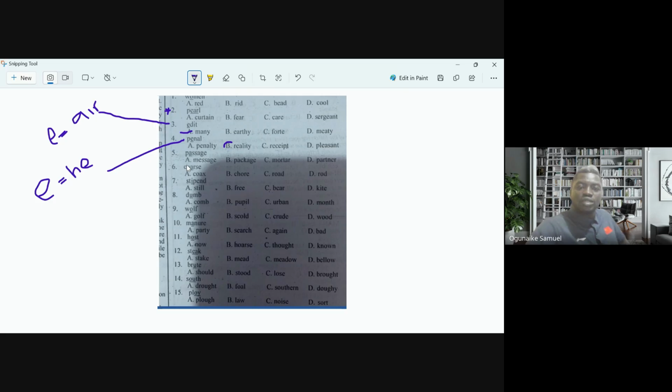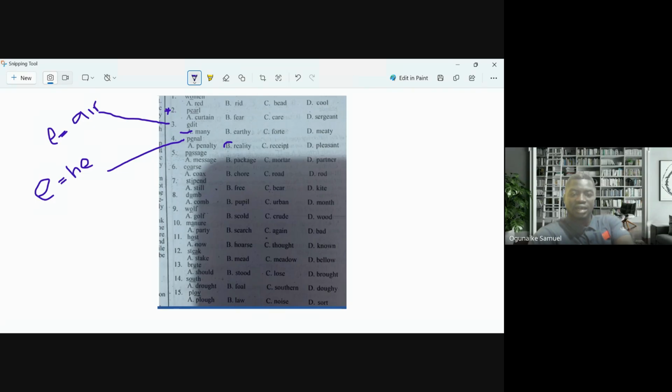Then the next one, "passage". Pa. The A sounds like A. Okay.